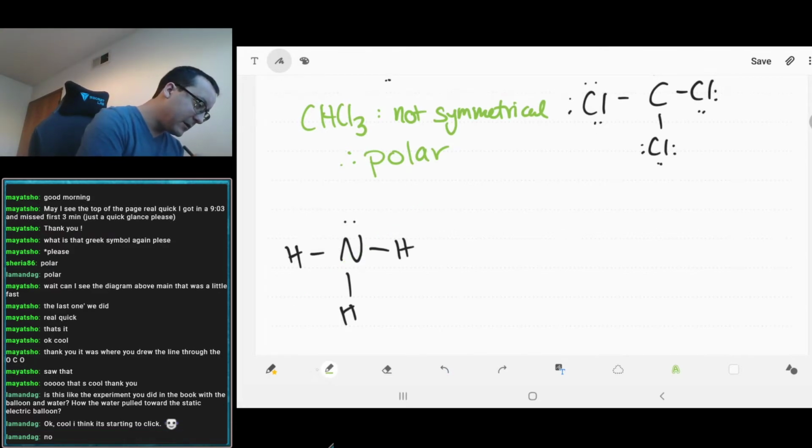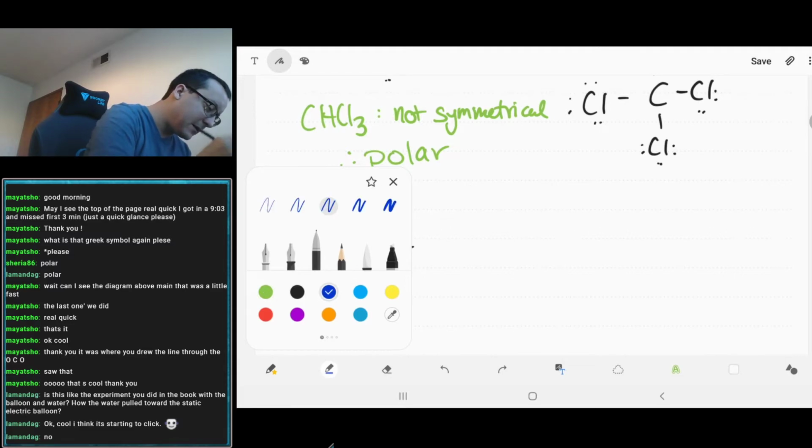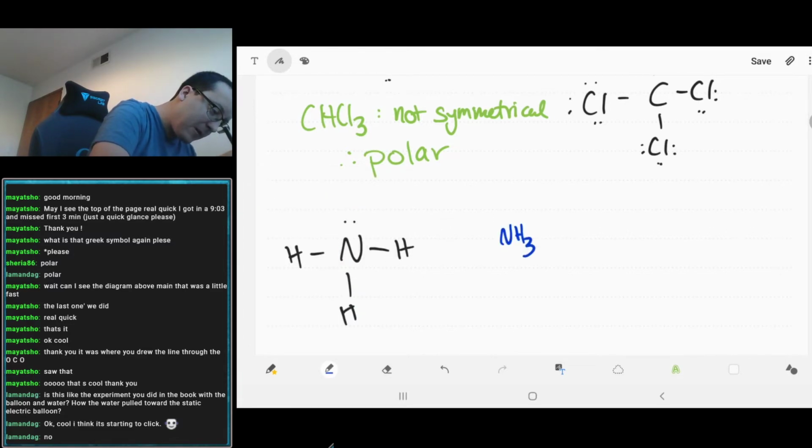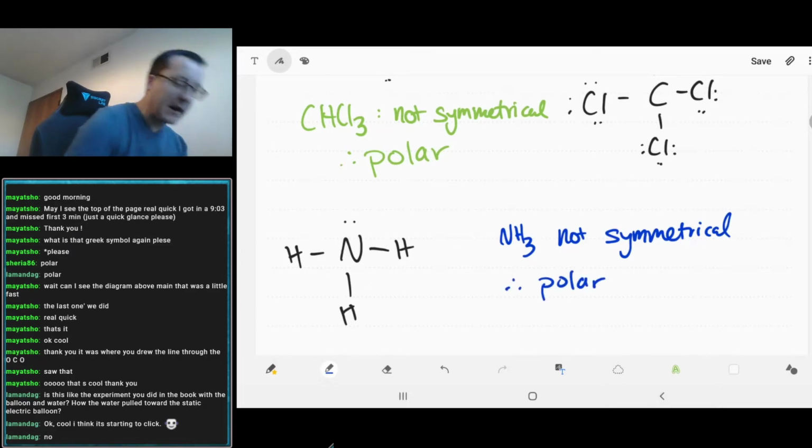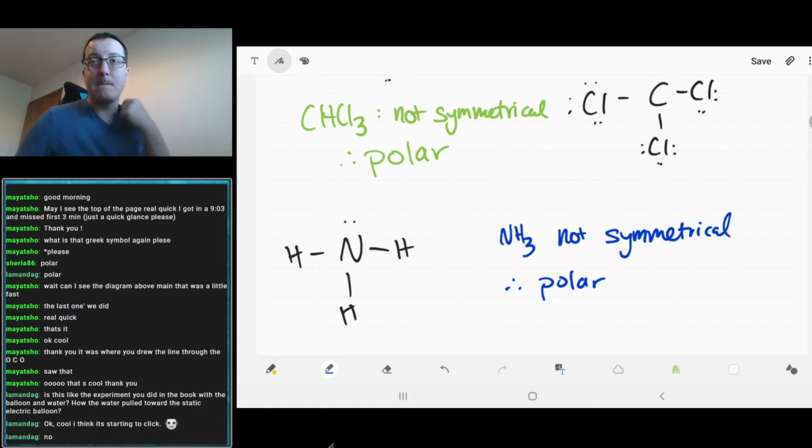So this one is not symmetrical, and therefore it is going to be polar as well. Hopefully not too bad.